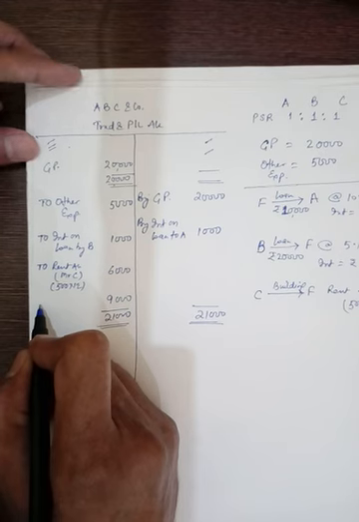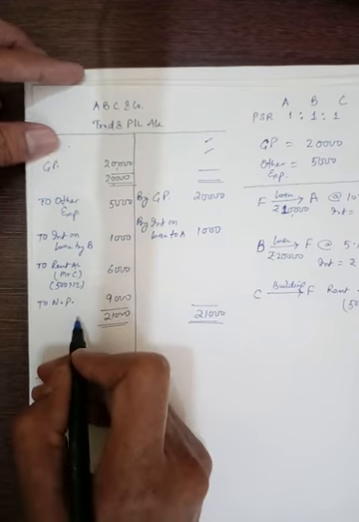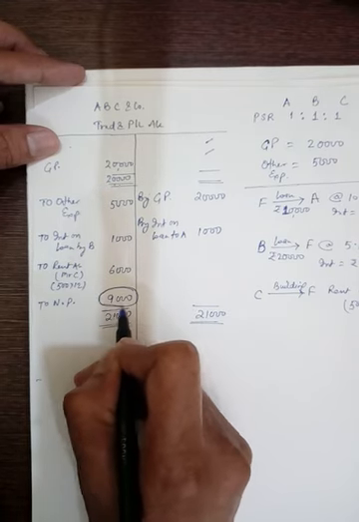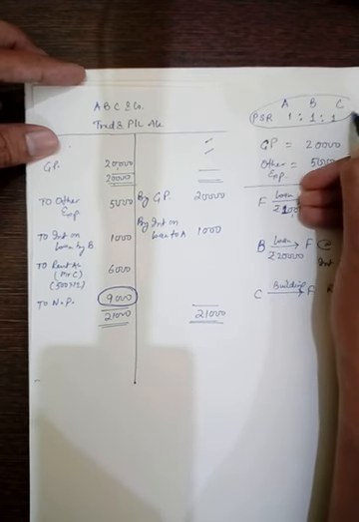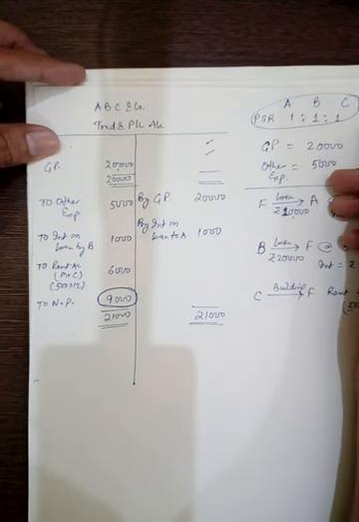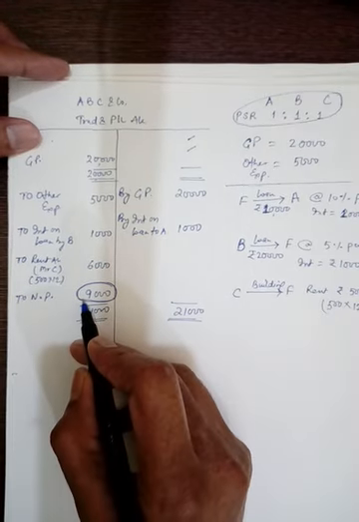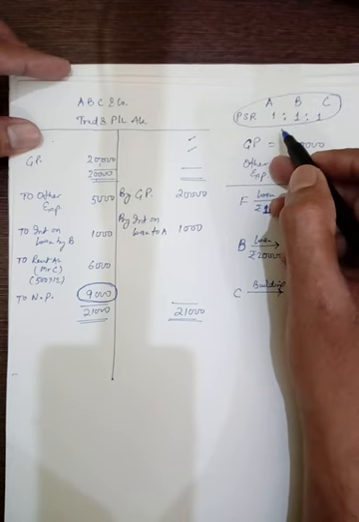This is nothing but net profit of the firm, and this net profit belongs to all the three partners in the ratio 1:1. So they are equal partners. So this net profit 9,000 belongs to all the partners equally.